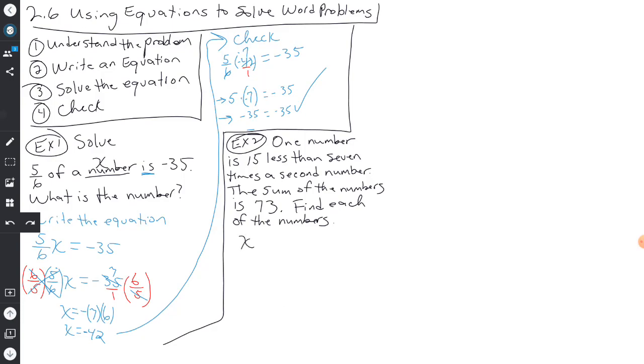So we know we're going to use the variable x first of all, and one number is 15 less than 7 times the second number. So we know 7 times is 7x, but 15 less.